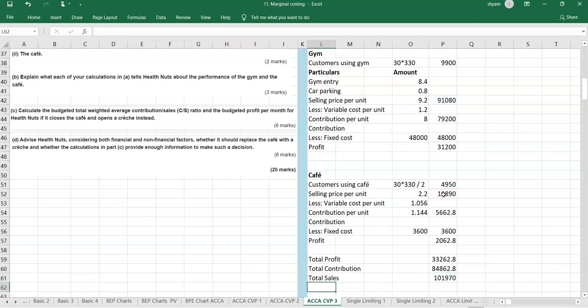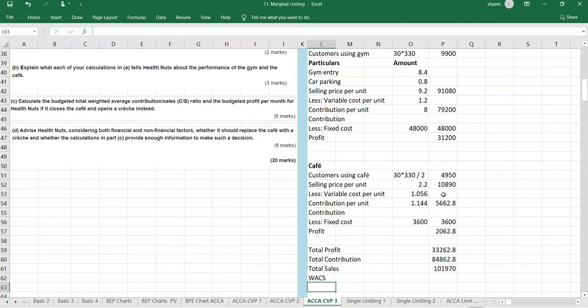So we got this. So we can easily work out weighted average CS ratio now. So it will be 84862 divided by 101970. This should be in terms of into 100.